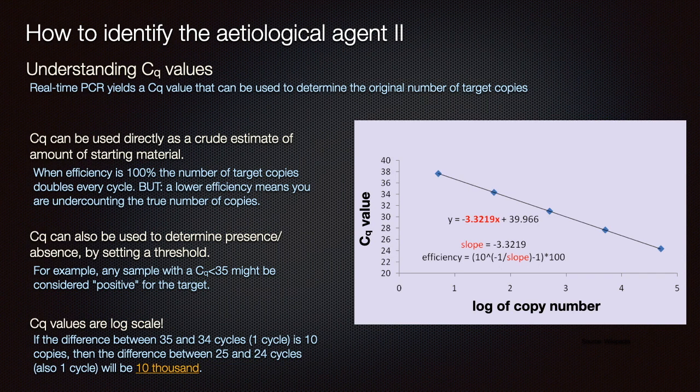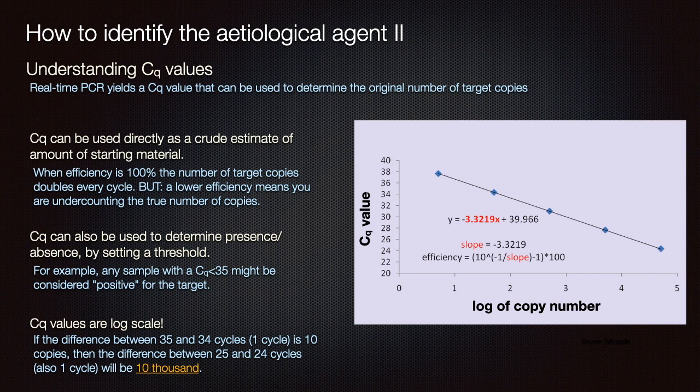However, we can also use CQ values as more of a positive-negative indicator. To do that, we can set a threshold and use CQ to report whether a target is present or not based on our threshold.